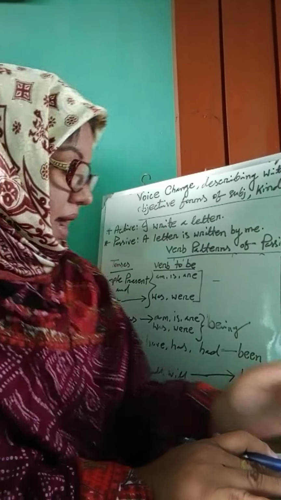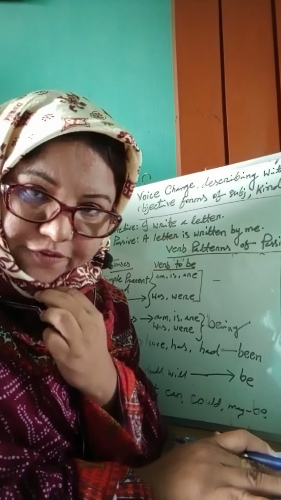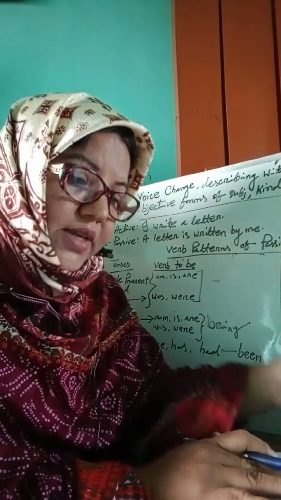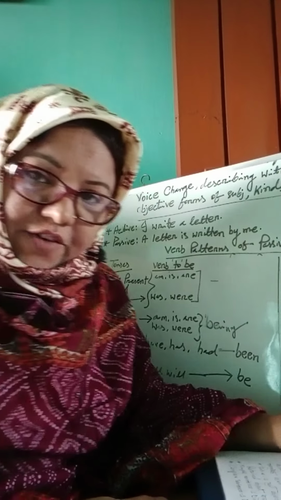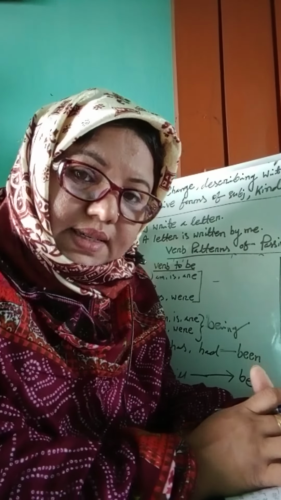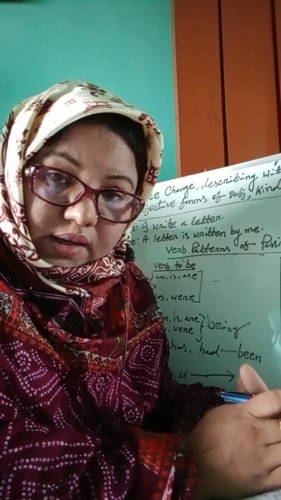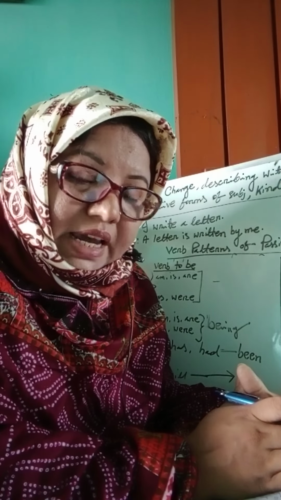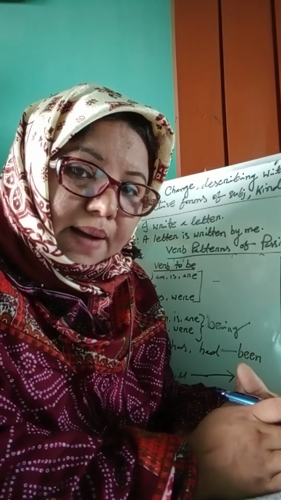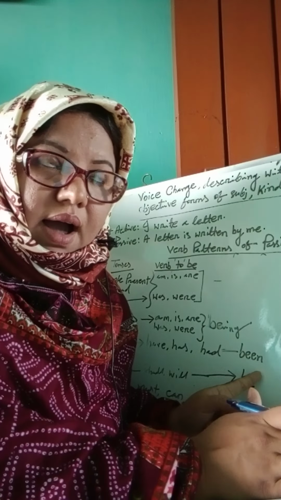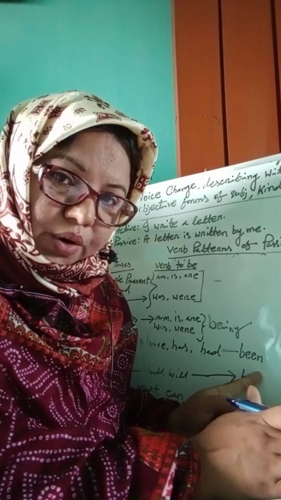And in case of perfect tense, present perfect have has and past perfect had, we will use been, B-E-E-N, after have has had in passive voice, before V3 or the main verb. How? I have done the work.